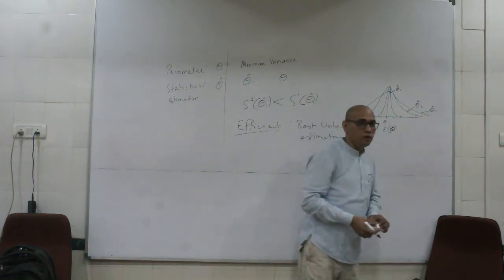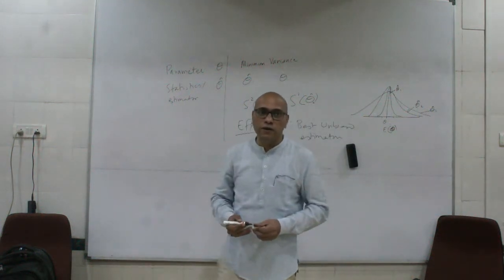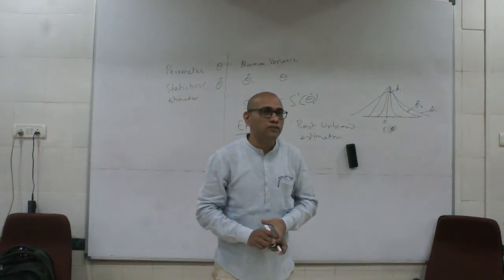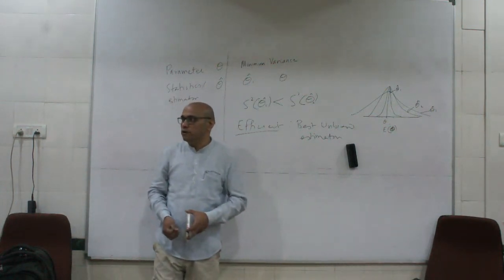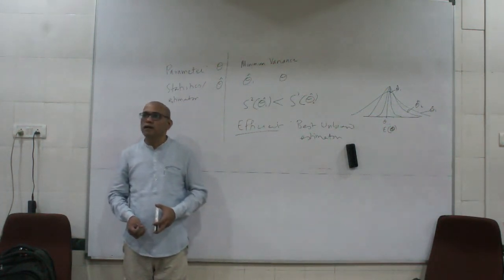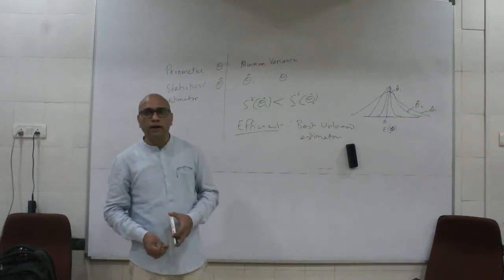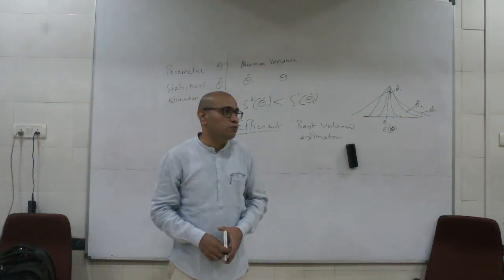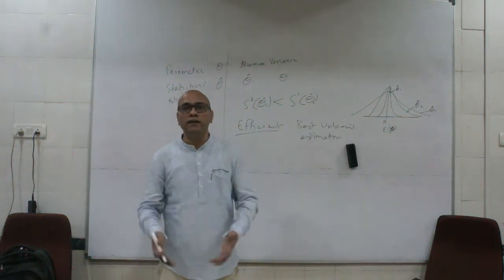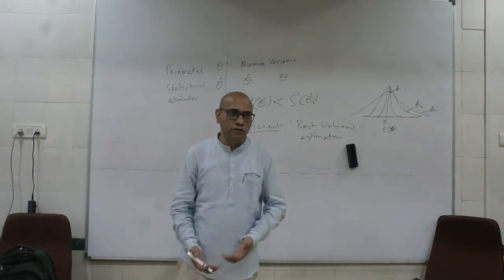Theta hat 1, because among the unbiased estimators, theta hat 1 has the smallest variance. So among the unbiased estimators, theta hat 1 is called the efficient estimator if it has a variance smaller than theta hat 2, where theta hat 2 is any other unbiased estimator, right?